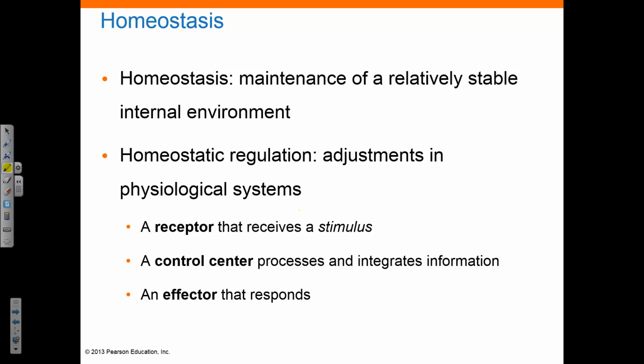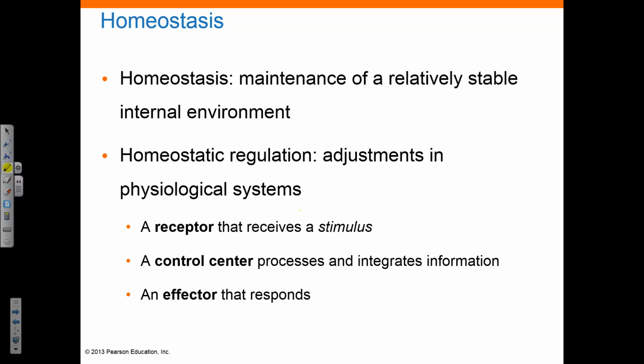Once a stimulus has been detected, the receptor communicates this to a control center. The control center's job is to process and integrate the information it is receiving from the receptors in order to formulate an appropriate response.